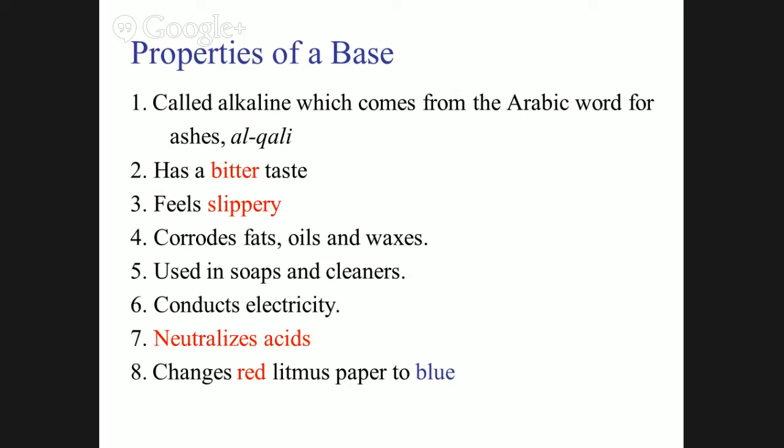Properties of a base. Bases, also called alkaline, which comes from the Arabic word for ashes, alkali. If you might remember, we've had the word alkaline before. We call them too the alkaline earth metals.